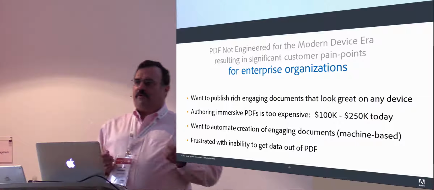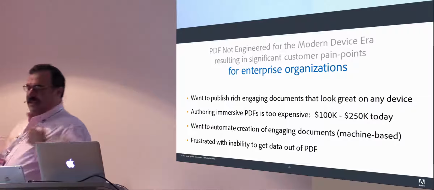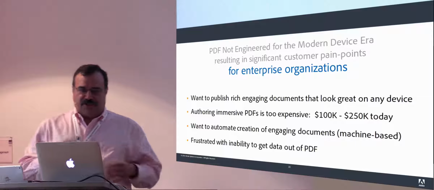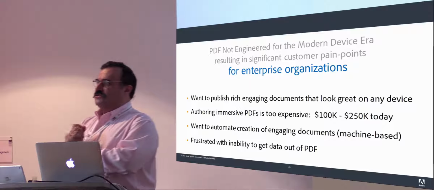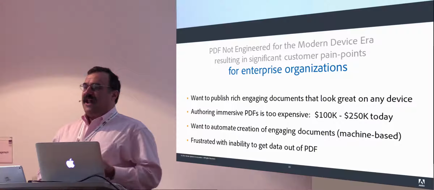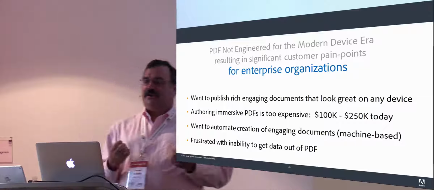But I want to point out one other area that we heard about from our enterprises, and that is the area of data. PDF, and you'll actually see this quote a little later, has been called the place where data goes to die. It goes in and you cannot get it out. The data isn't given its true richness.